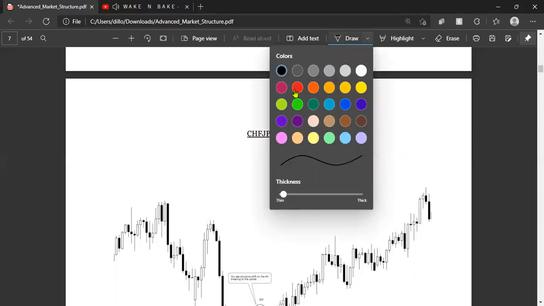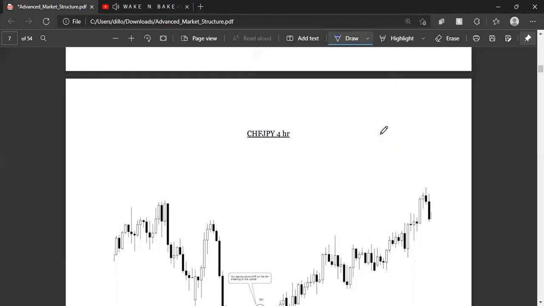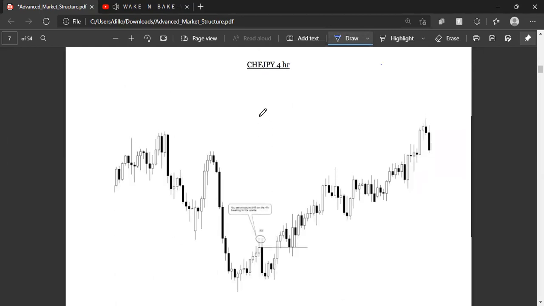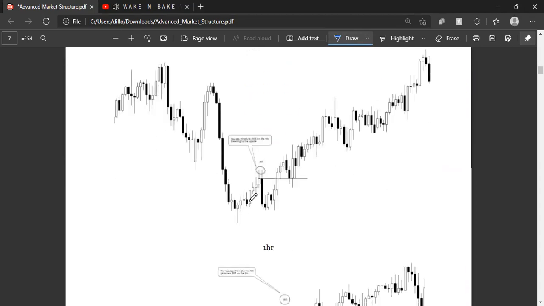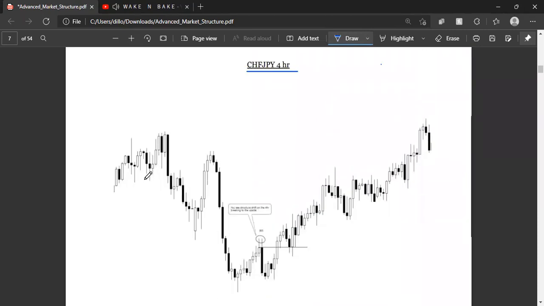Let's start with CHF JPY. We have the 4-hour, right? And what do we see? First off, we start seeing structure get broken to the downside. We see this impulse break structure to the downside and had a very good sell-off.